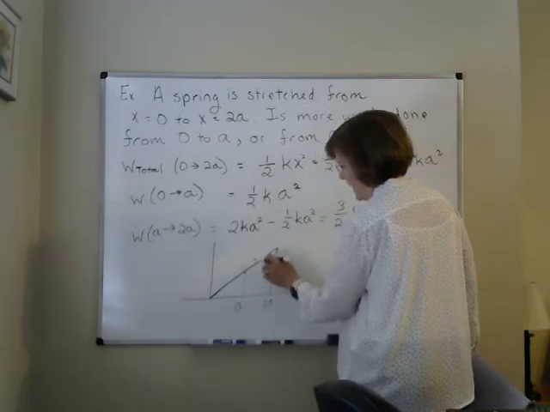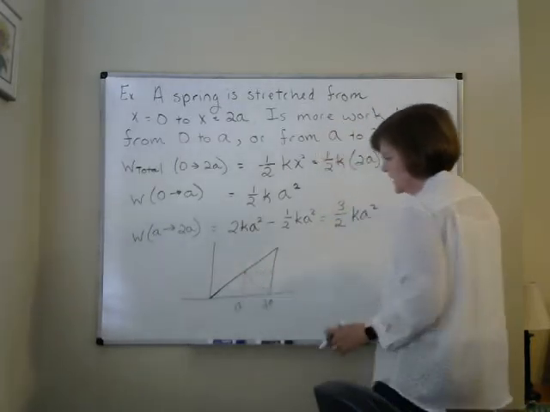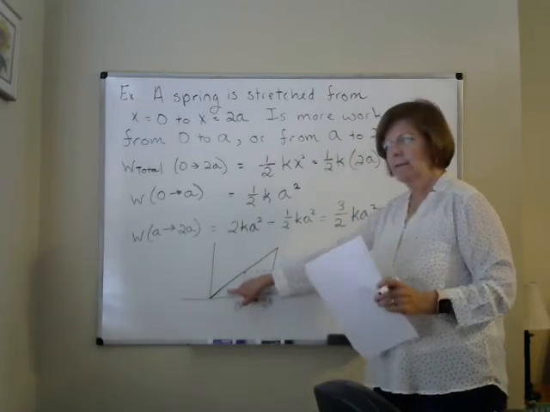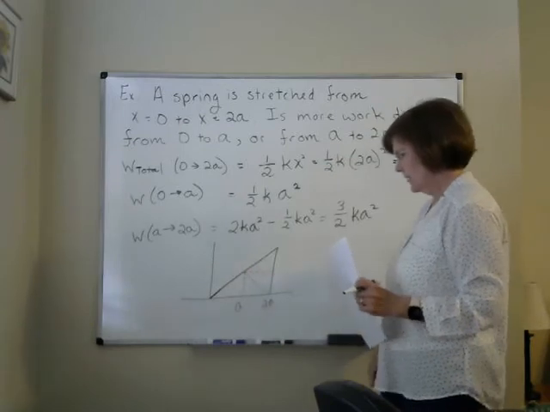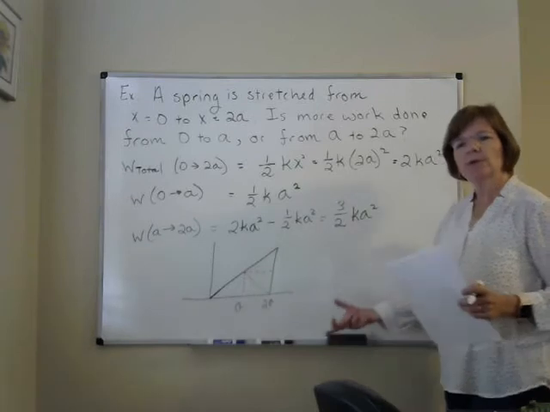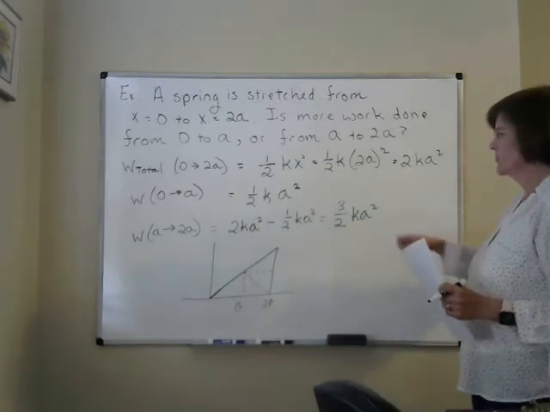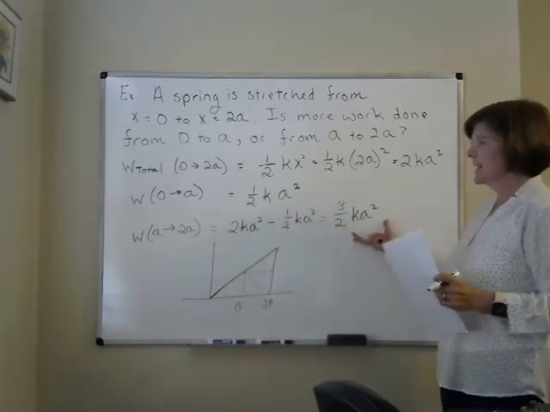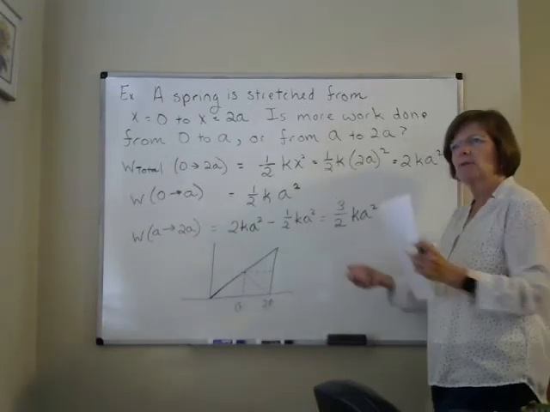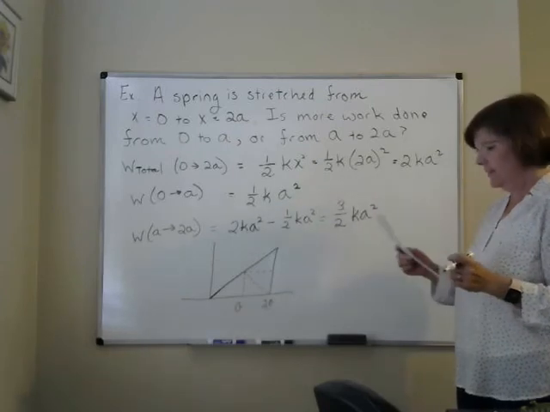In fact, that triangle and that triangle, you can see from 0 to a, that area is basically 1/4 of the total area. And this from a to 2a is 3/4. So 3/4 of that energy, or 3 times as much energy, was used in the second half than in the first half. Why? Because it's harder. As you pull, that force keeps increasing.